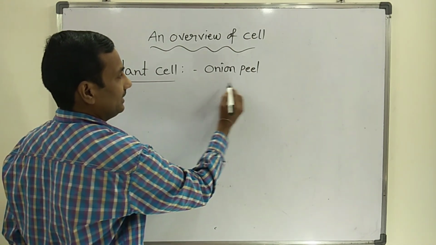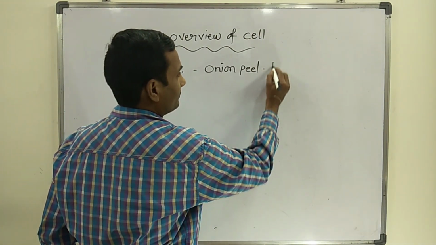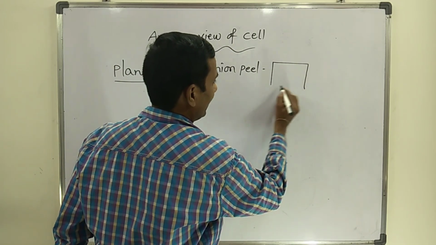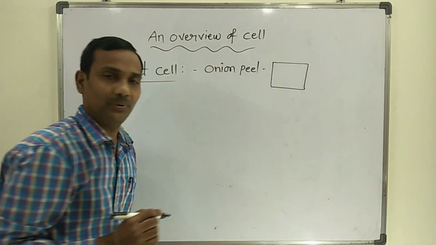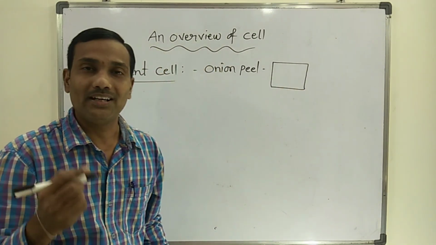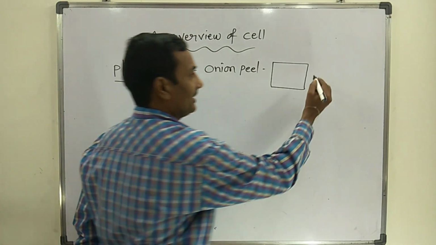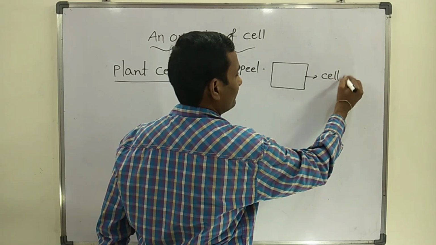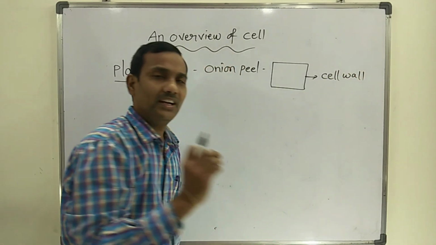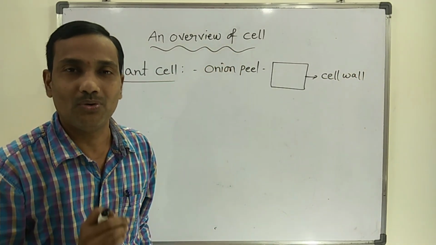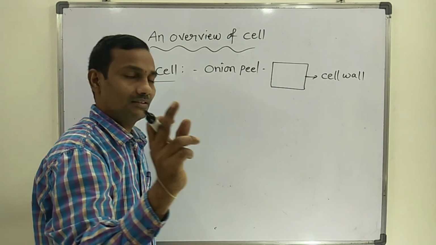If you observe an onion peel, just a cell under the microscope, it has an outer boundary layer, an outer protecting layer, that is the cell wall. Every plant cell has an outer boundary wall, the cell wall.